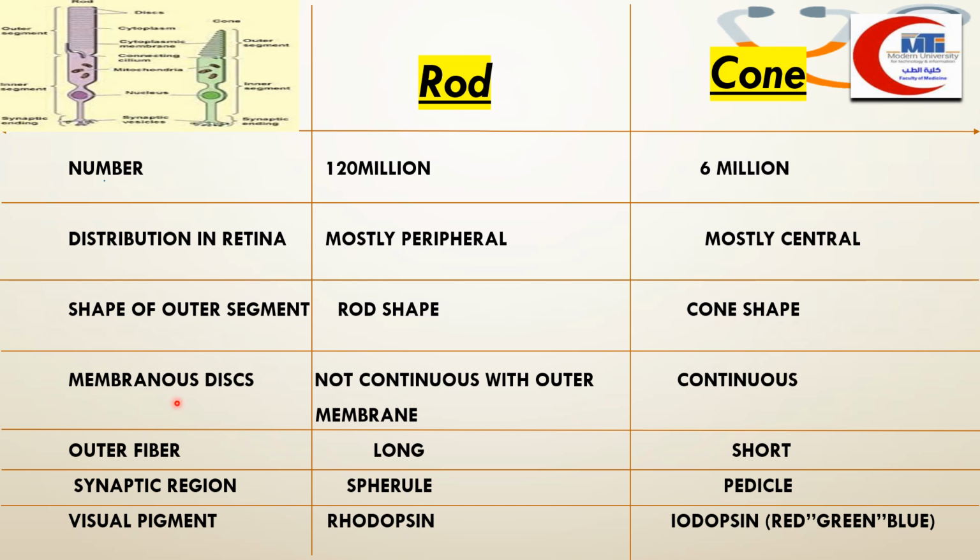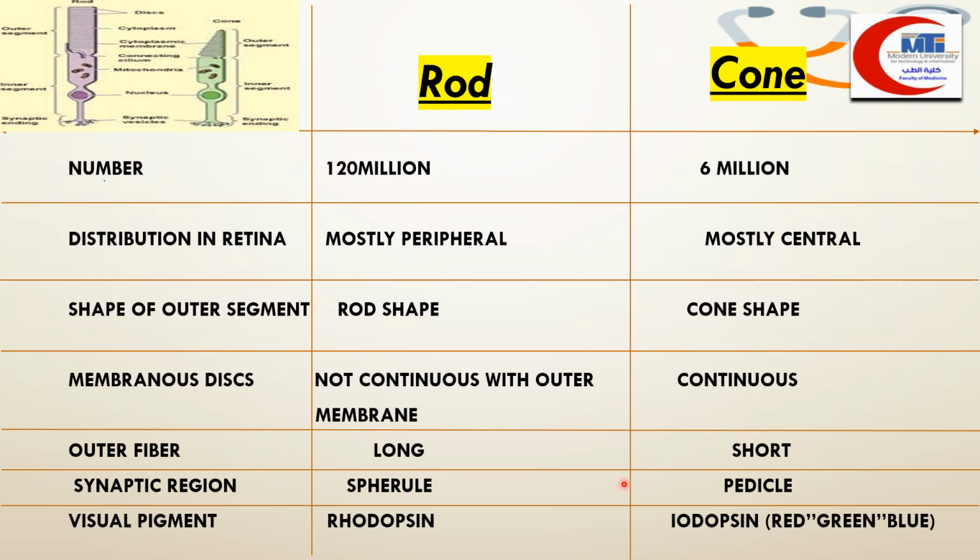The membranous discs are not continuous with the cell membrane in rods, while in cones the discs are continuous with the cell membrane. The outer fiber is long in rods, while short in cones. The synaptic region is a spherule in rods, while that of the cones appears like a pedicle.